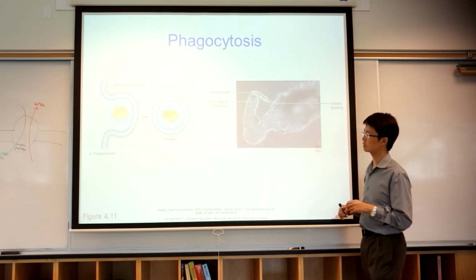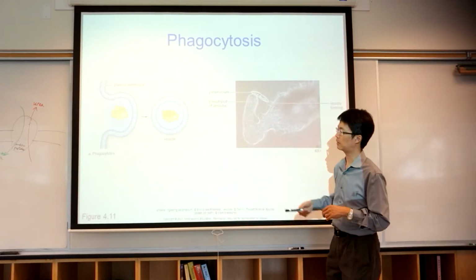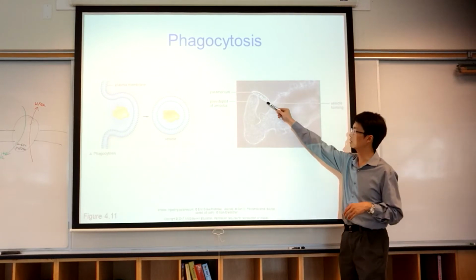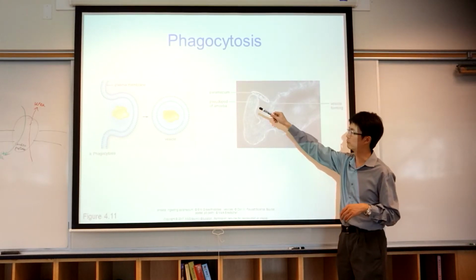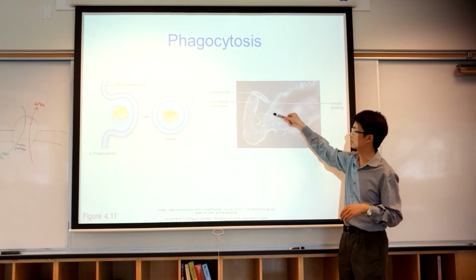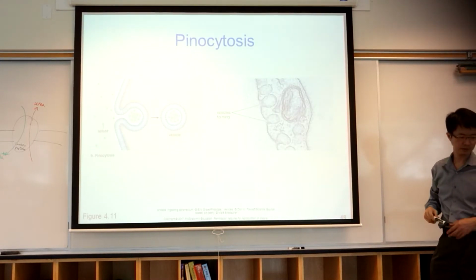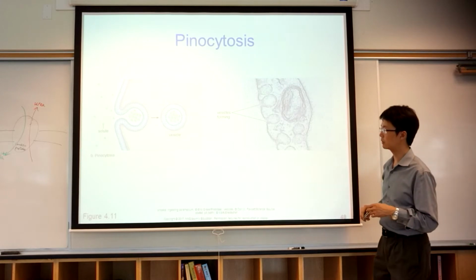So this is phagocytosis. It's basically by amoeba. This is the amoeba and paramecium. So the amoeba is trying to use the pseudopod, the thick foot, to engulf the paramecium. This is the example of pinocytosis.